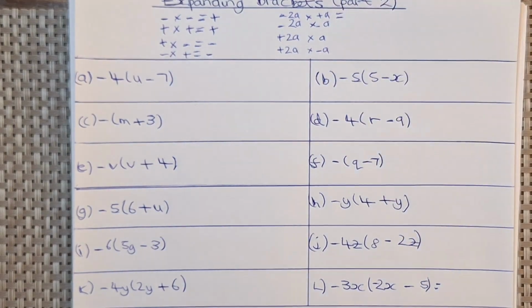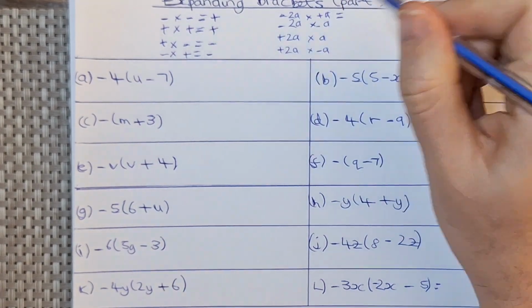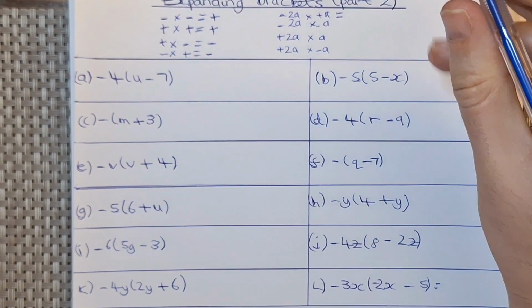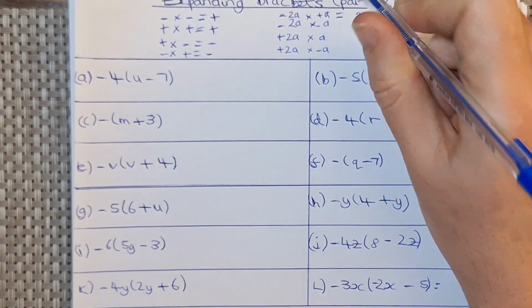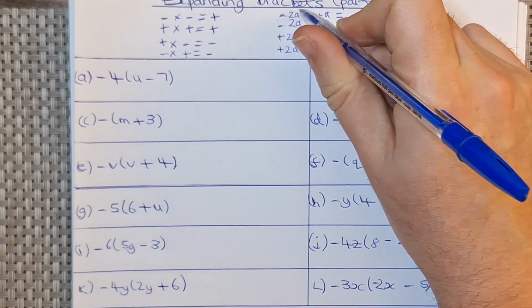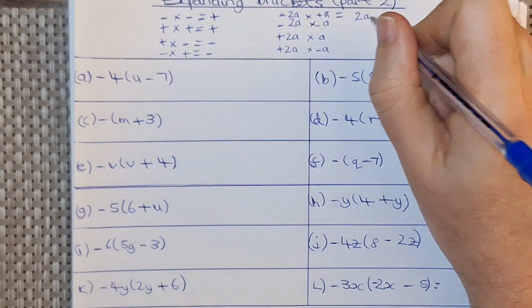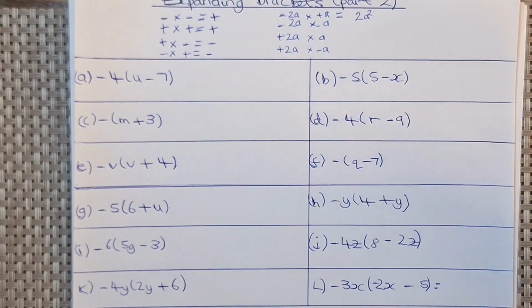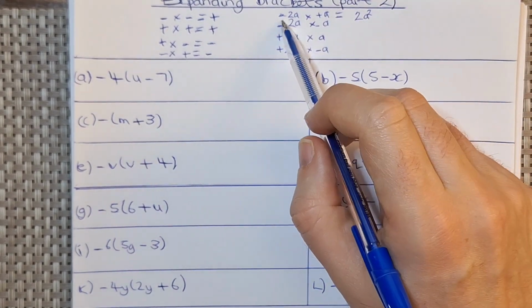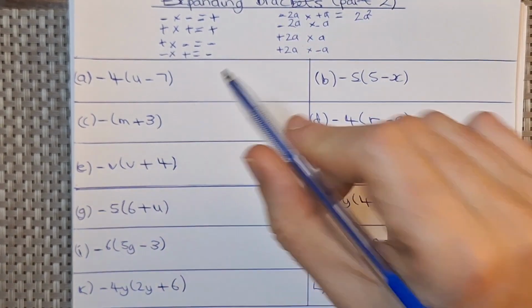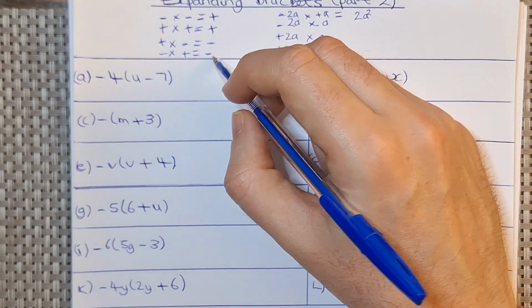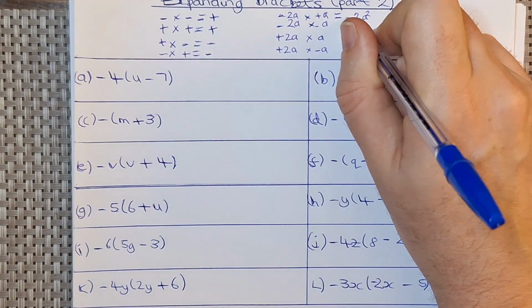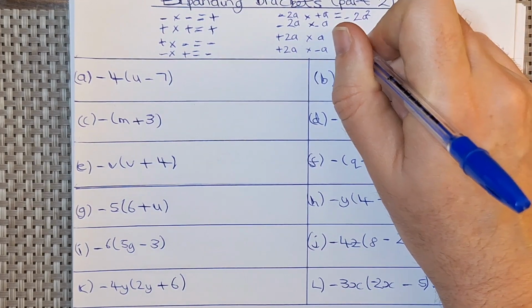So 2a times a we should know as 2a squared, because you have a times a, you add the powers, and you times by 2. Negative times a positive gives minus 2a squared.